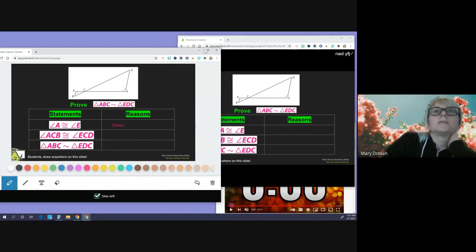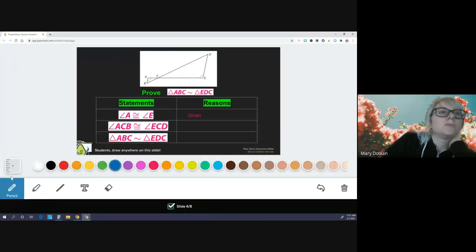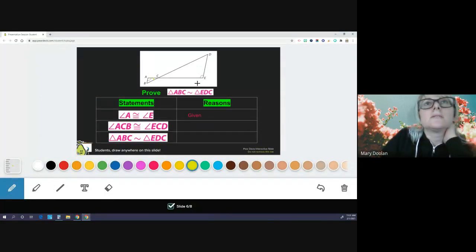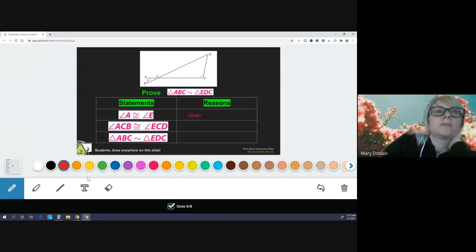So let me come over here. I'm going to use my pencil tool. Yellow is not a very good choice. Pick a different color, maybe red. Okay, so I'm going to put a double arc mark right there.